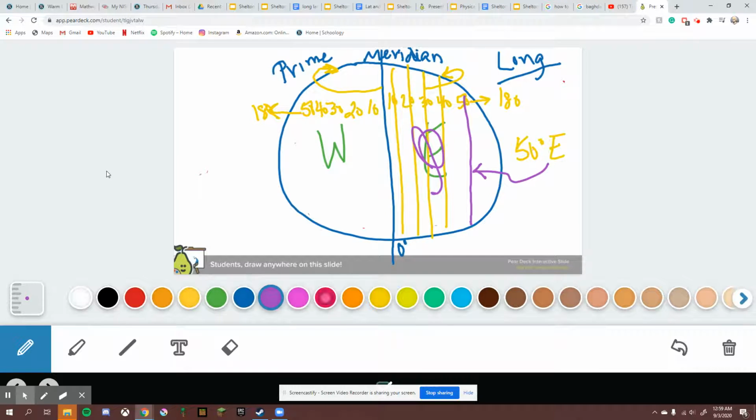But you could have 50 degrees west, and that would be this line in this half. The letter tells you which side of the globe it's going to be on. Is it on the west or is it on the east? All right. So this is the idea here for longitude. Remember, it separates it into east and west on longitude.